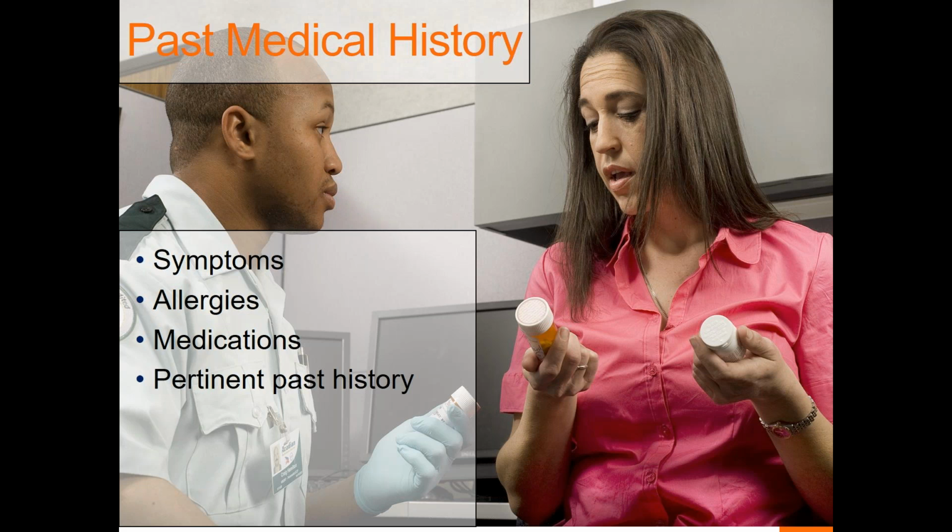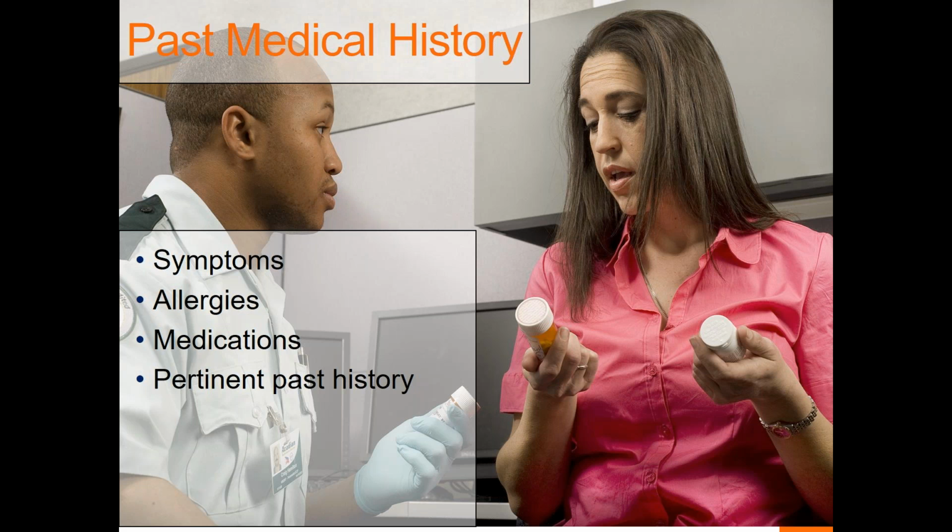Next, I'm going to ask them about their pertinent past history. If I'm at Nana's house and Nana is older than time, I don't really need to know that in 1958, old Doc Johnson came to the house and took out all the kids' tonsils. But I do need to know that Nana had a heart attack or a stroke 6 months ago. I need to know things that are pertinent to what's going on right now.